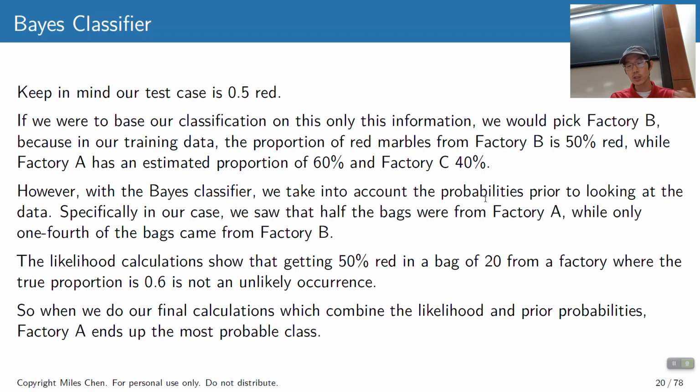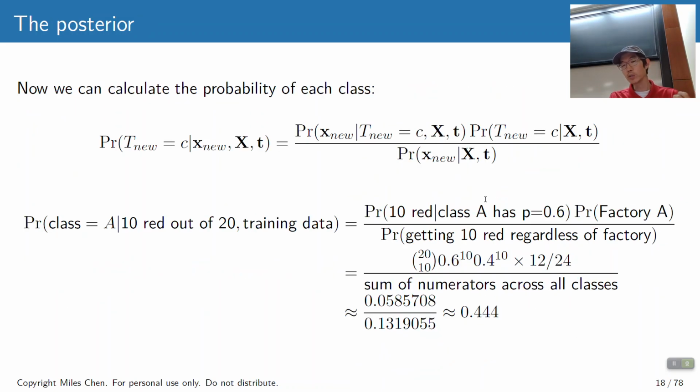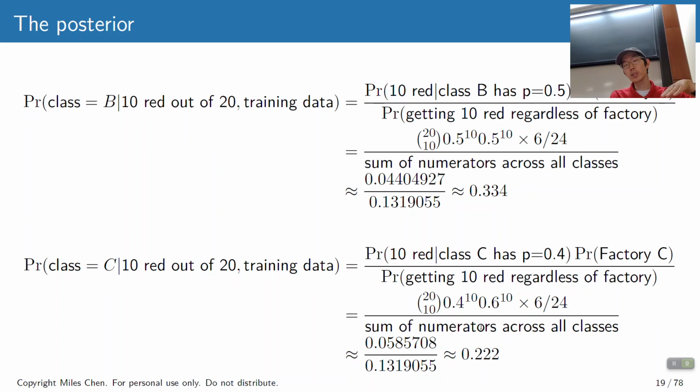Before we looked at the data, factory A was 50%. After we looked at the data, the probability it came from factory A dropped down to 44%. Before we looked at the data, factory B had a probability of 25%. After we look at the data, the probability it came from factory B goes up to 33%, whereas the probability it came from factory C, before we looked at the data, was 25%.